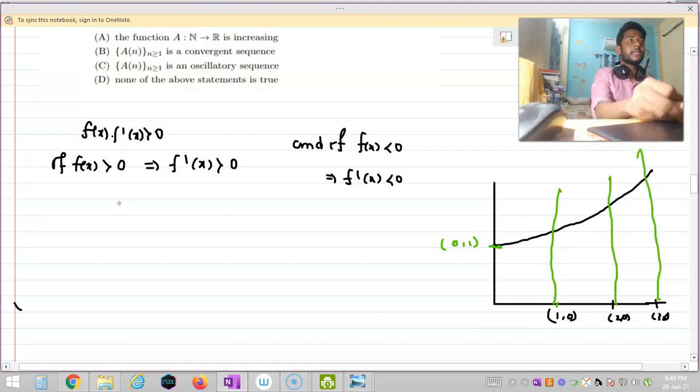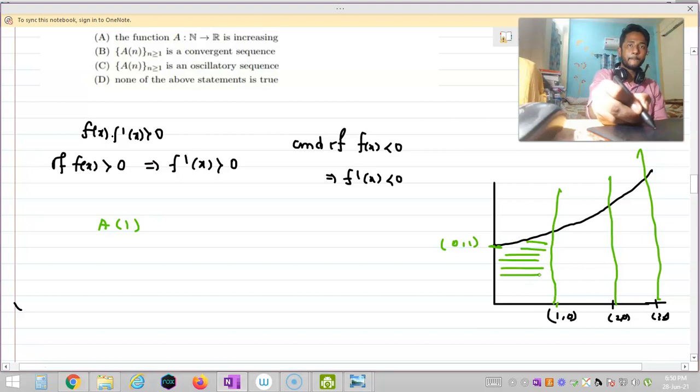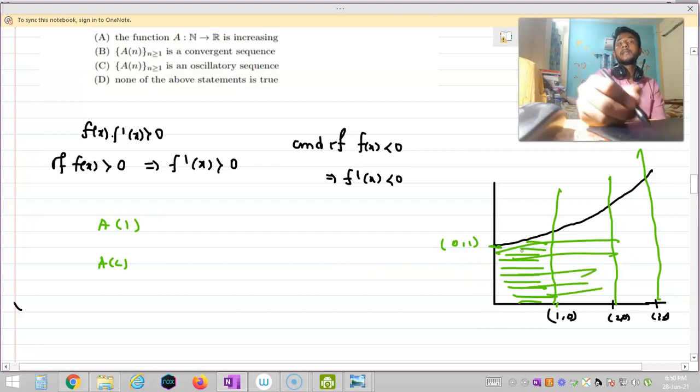First of all, what is A1? A1 is the area bounded by the graph of f, x-axis, y-axis, and this line. So this is the area. Now what is A2? A2 is the area bounded by the graph of f, the axis, and this line. So this is A2, and this is A3.